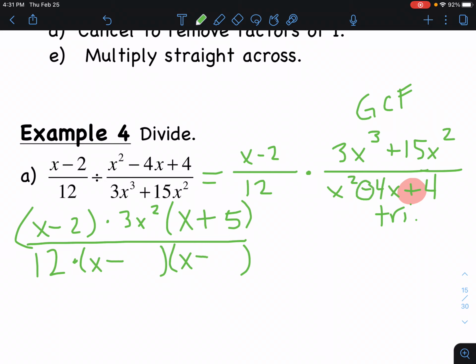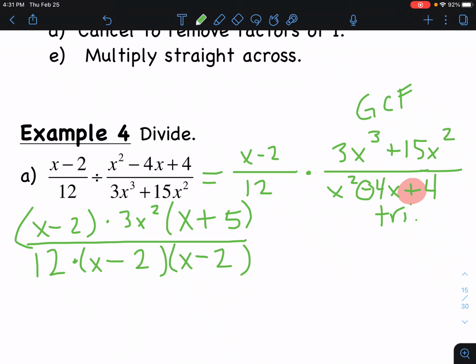Got to remember your sign rules for factoring trinomials. It should be cemented into your memory permanently. All right, so 2 numbers that multiply to get 4 and add up to get 4. That's pretty easy. 2 and 2. Okay, everything is completely factored.